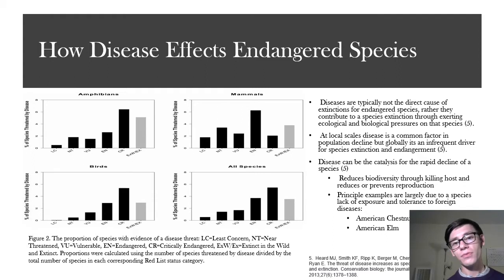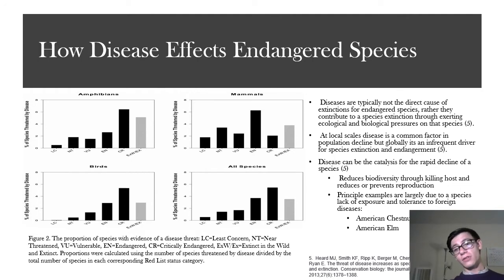Two primary examples of this are the American chestnut, which has been reduced by a fungus commonly referred to as chestnut blight and can no longer reproduce out in the state of nature, and the American elm, which is being affected by Dutch elm disease, which also kills the host. So that is how disease directly affects endangered species.